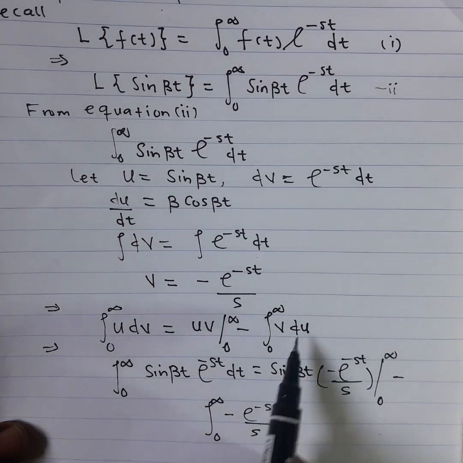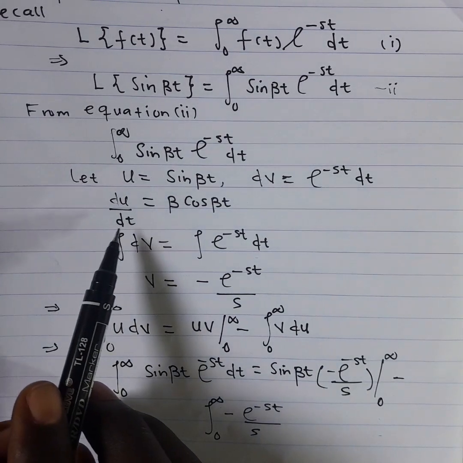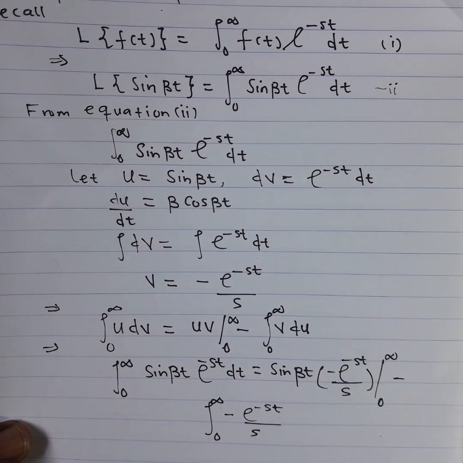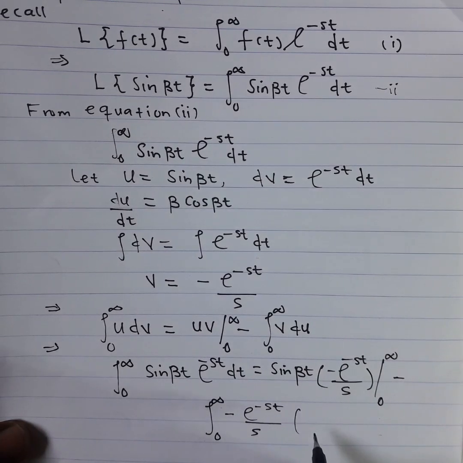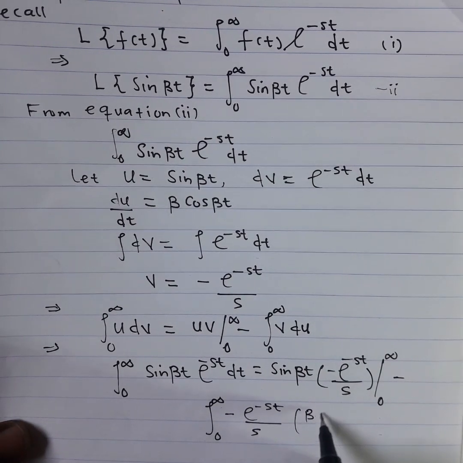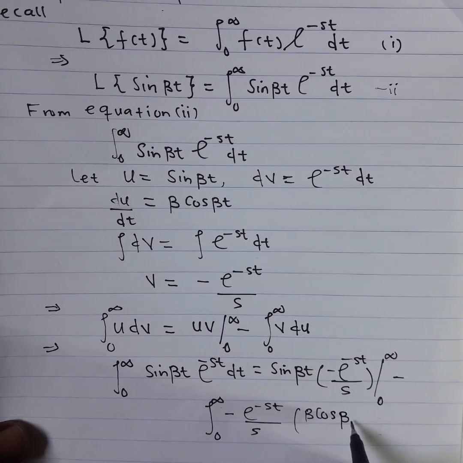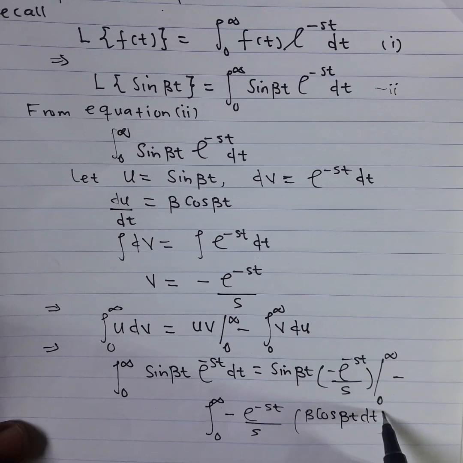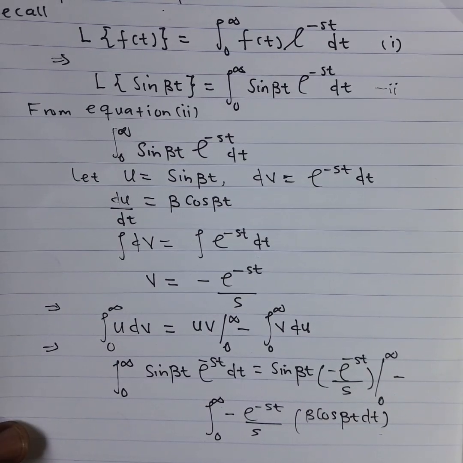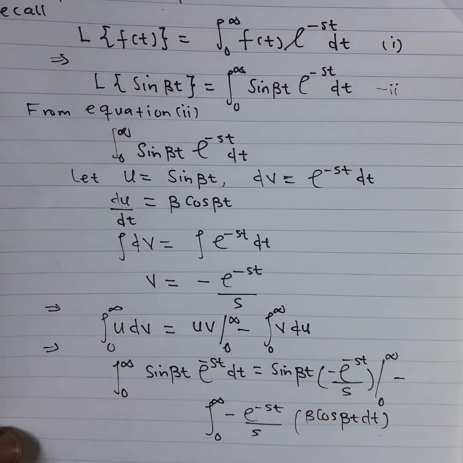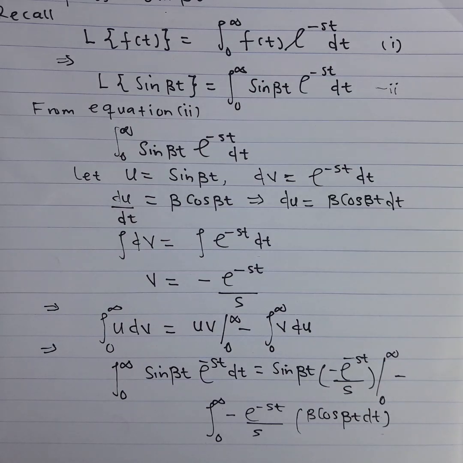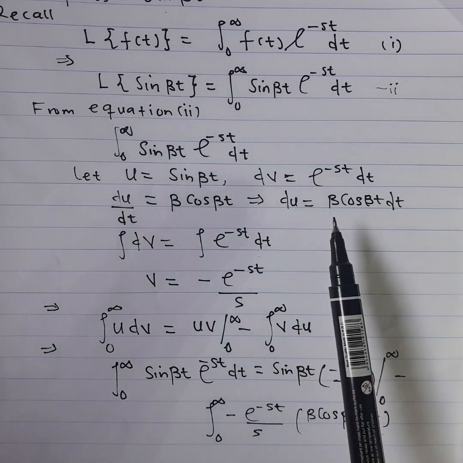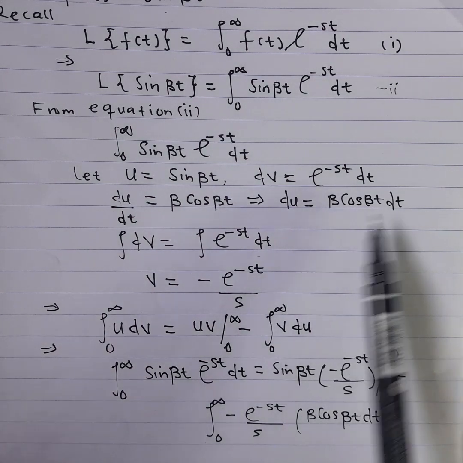Now our du will be equal to beta cos beta t dt. So from here, our du will be equal to beta cos beta t dt.